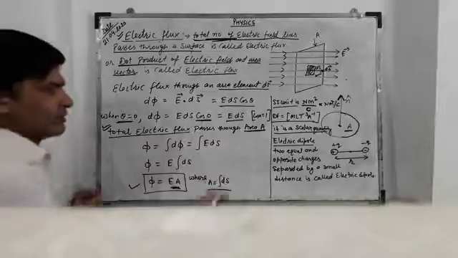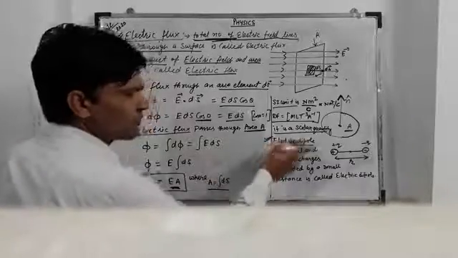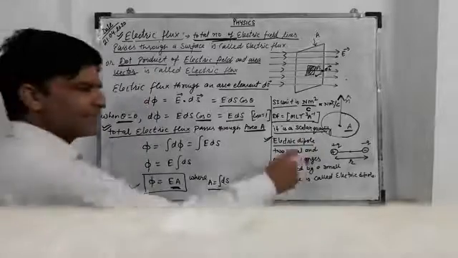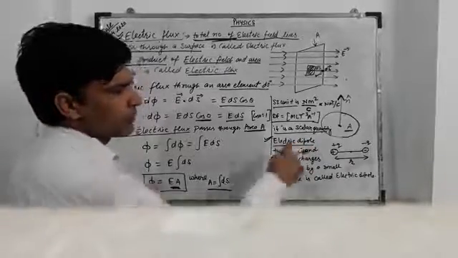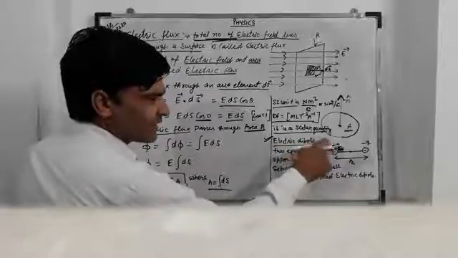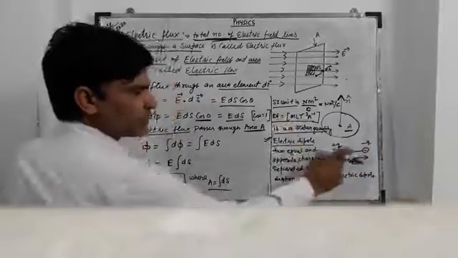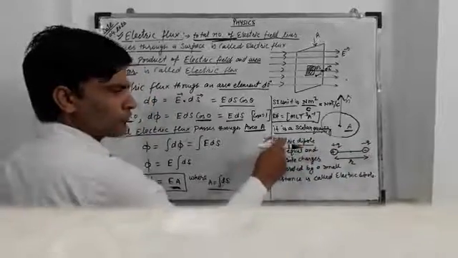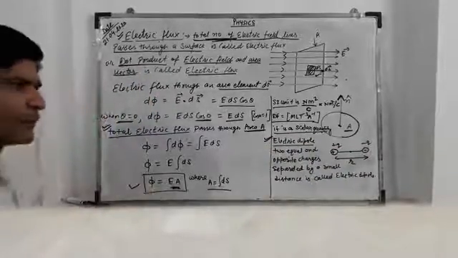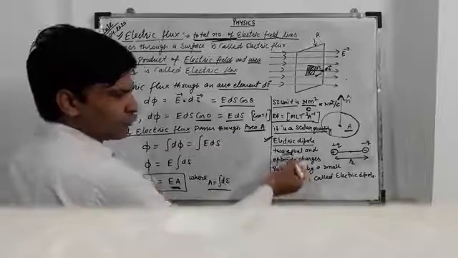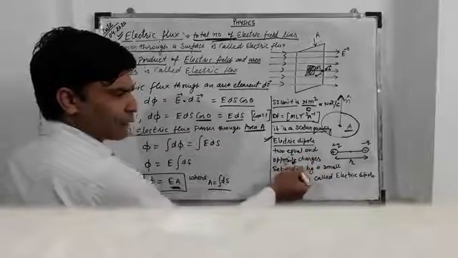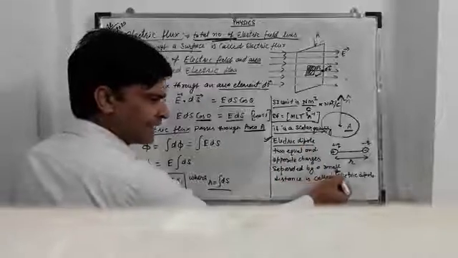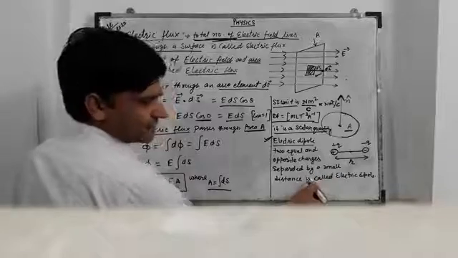Then come to the electric dipole. Di means two, pole. A system in which there are two charges, what will we call it? Dipole. So an electric dipole is a system of two equal and opposite charges separated by a small distance.